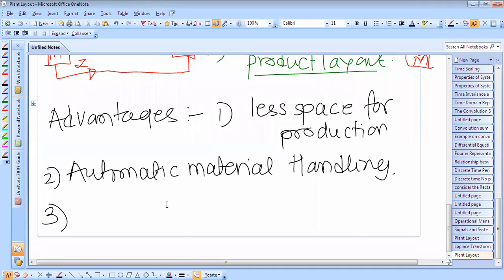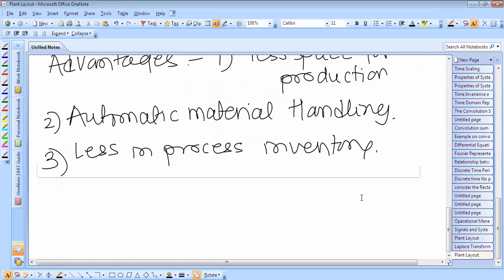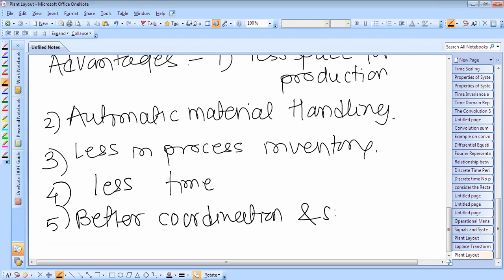Next is less in-process inventory. Then the product completes in lesser time, less time is required for the process. Next is better coordination and simple production planning, and simpler planning.